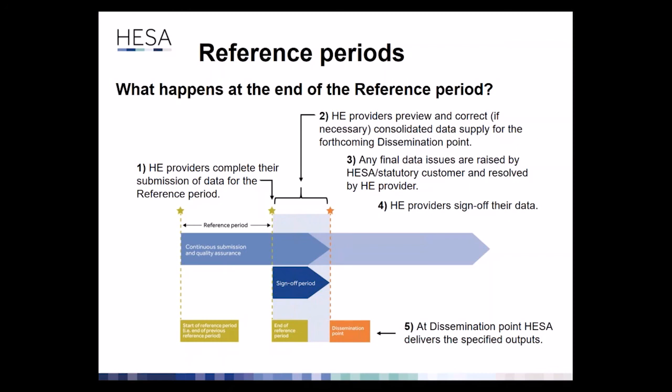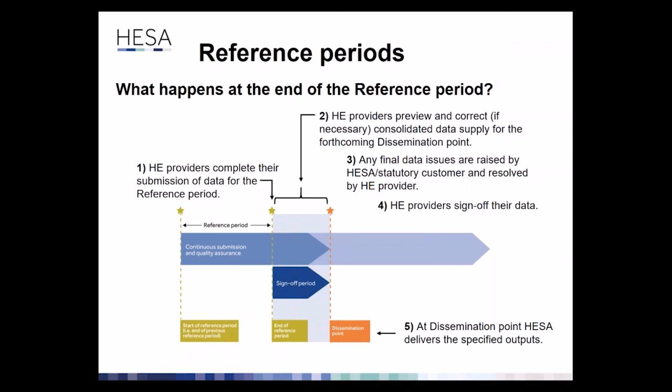And so this is analogous to the period post-commit, when we are aiming to develop data towards a credible state. It's not quite the same though. So we're looking for providers to sign off their data at least once during that period. You can sign off as many times as you like, but it needs to be signed off at least once. But essentially at the dissemination point, the data will be published.